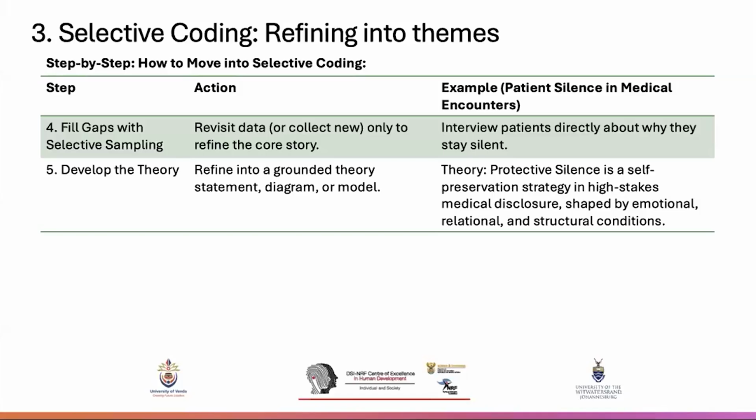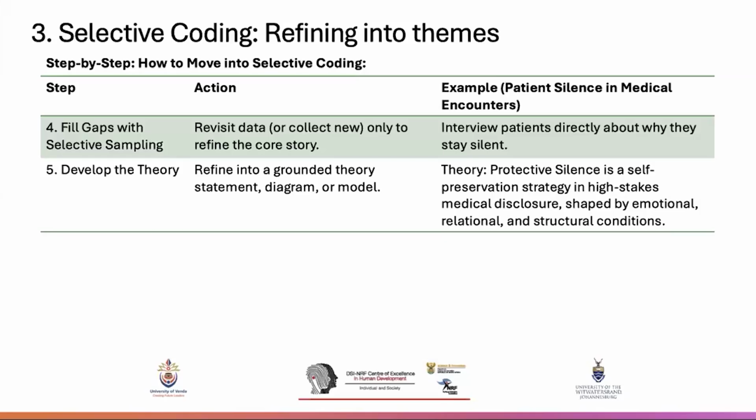So from our excerpt and the analysis while conducting the various stages of open coding, axial coding, and now selective coding, we can now say that the theory behind the data that we have is that protective silence is a self-preservation strategy in high-stakes medical disclosure. And this is shaped by emotional, relational, and structural conditions.